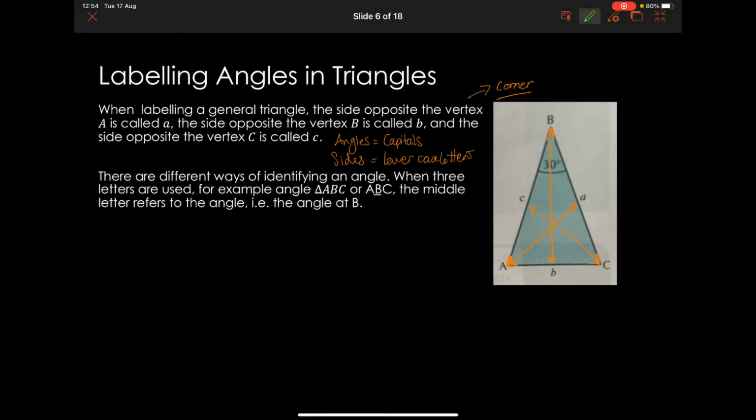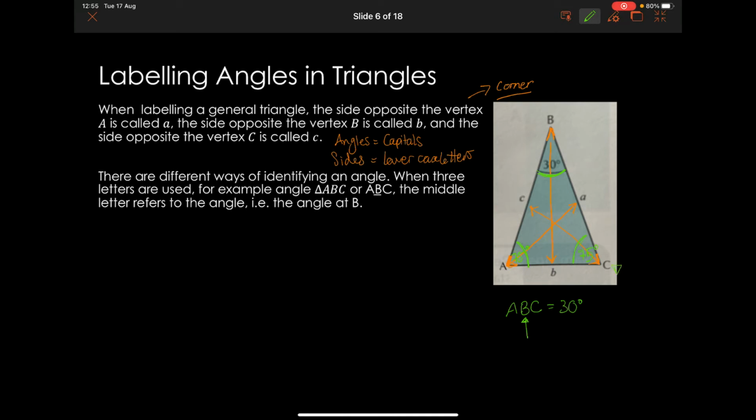If we look at this angle here that's measured 30 degrees, we would call that angle ABC, because we're labelling the angle at B. ABC equals 30 degrees. If this one and this one were labelled, I'm just going to mark these as 75 degrees each.